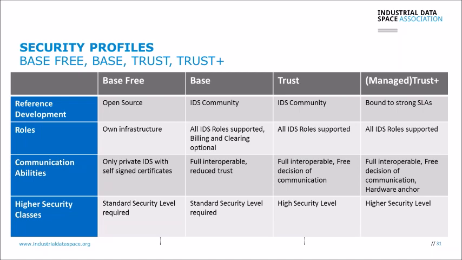Depending on its trustworthiness. The managed trust connector here is the same as the trusted connector, but it will always have to have a hardware anchor so that one can check if the system itself was touched or changed by anyone that maybe was not allowed to. Of course, the trusted and the base connector can implement everything the trusted plus connector implements. They don't have to. In the higher security levels, there are a lot of details that are described here, where the main point that differs the base connector from the trusted connector is the topic of usage control.